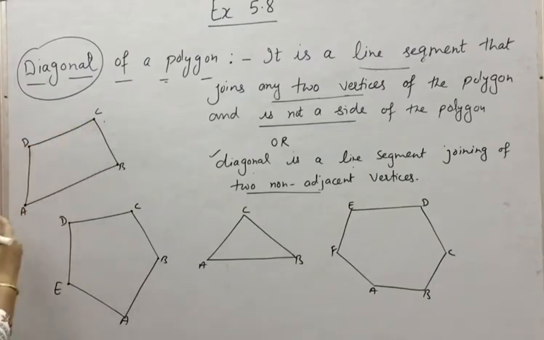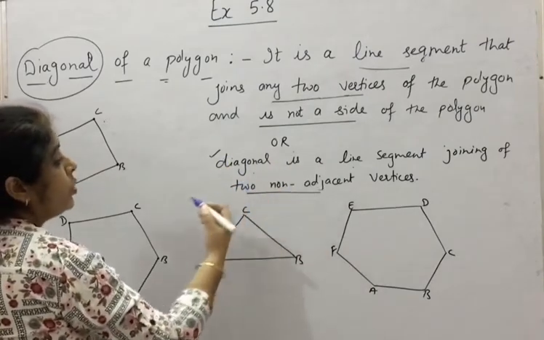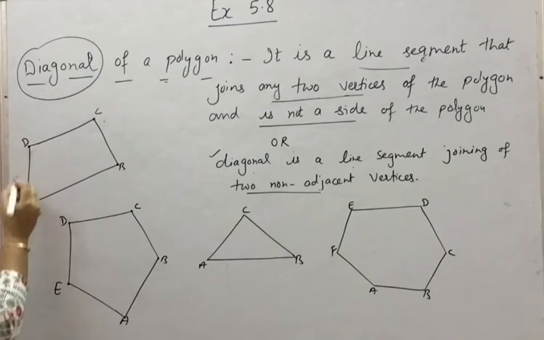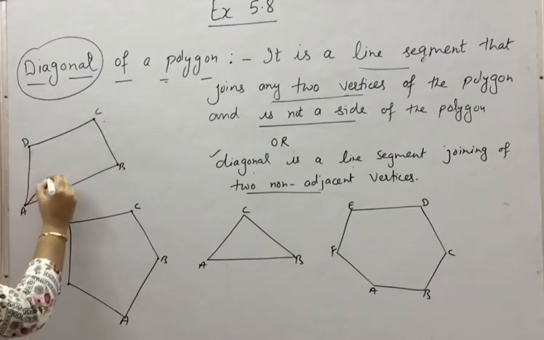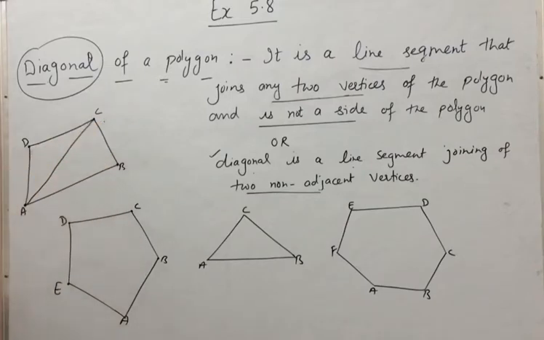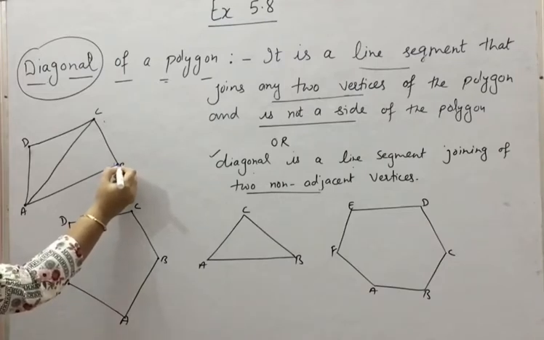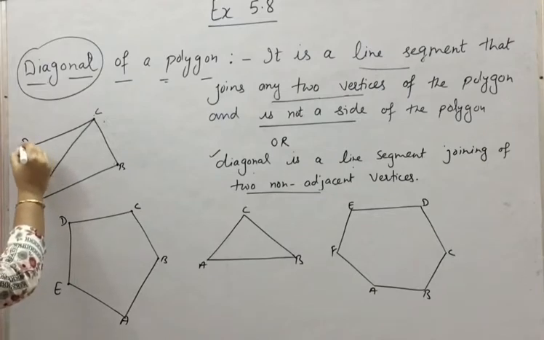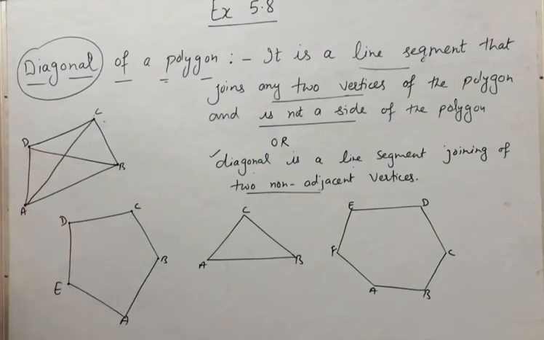So what is a diagonal? A diagonal is a line segment that joins any two non-adjacent vertices. When we are standing on A, B and D are adjacent, so the non-adjacent vertex is C. If we join A to C, that is called a diagonal. Now come to B: the adjacent vertices are A and C, so B to D is a diagonal.